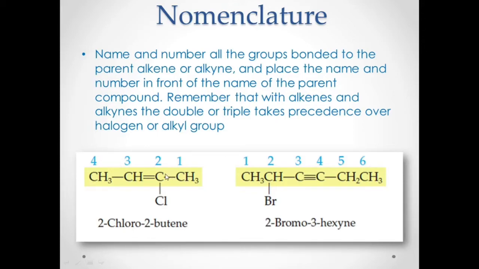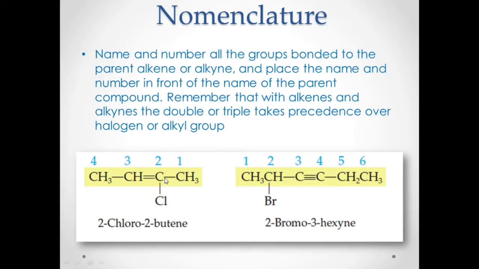And of course, not just your carbon-to-carbon double bond or triple bond would attain the lowest number, but also your substituent. However, you should prioritize the alkenes or alkynes. That's why remember that with alkenes and alkynes, the double or triple bond takes precedence over halogen or alkyl group.